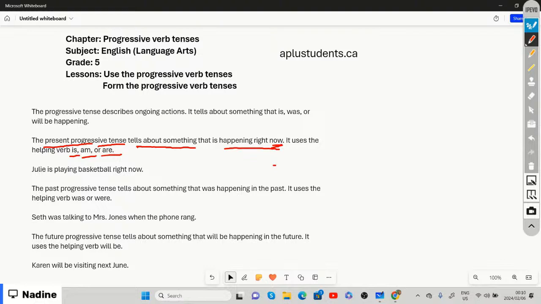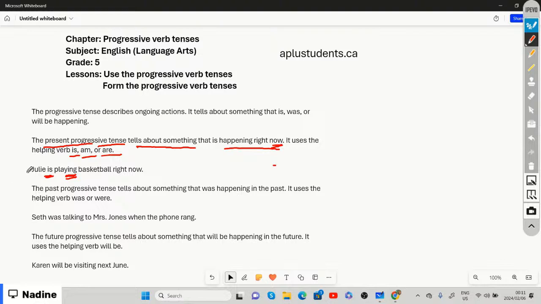For example, Julie is. Remember, if we're referring to one person or one thing doing an action, then we use the word is. If we're referring to more than one person or thing doing something, we use the word are. And when it comes to ongoing action, it means that we add ing to our verb.